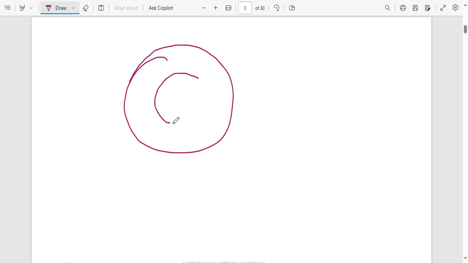Now, what happens is this: let's say this is your atom, it has these shells. Say you have an electron in the first shell, that is an electron.